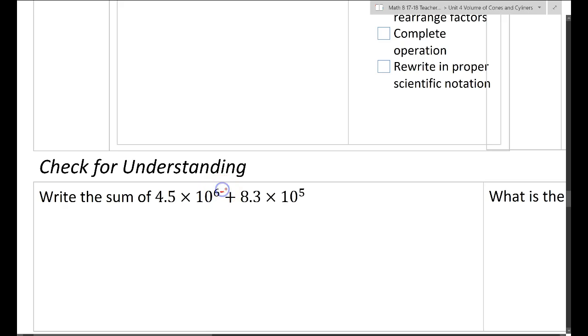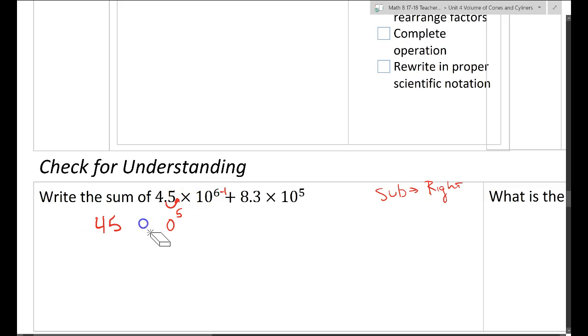It doesn't have to work that way. But I'm going to subtract, and remember, when we subtract, move the decimal right. So I subtracted and moved the decimal to the right. Now I have 45 times 10 to the 5th, because I subtracted 1 here and moved the decimal.